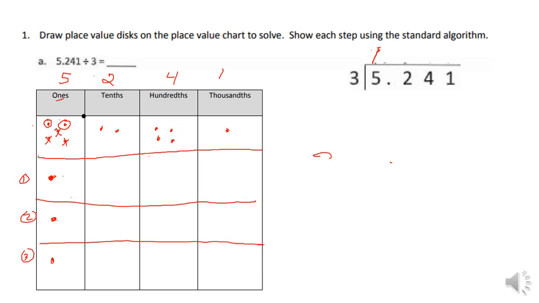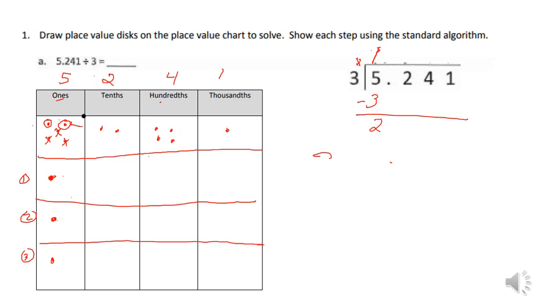Over in the standard algorithm, I like putting this X here because I know 1 times 3 is 3. That's how many I used. So 5 minus 3 gives me 2, and that shows my remainder in the ones place was 2.